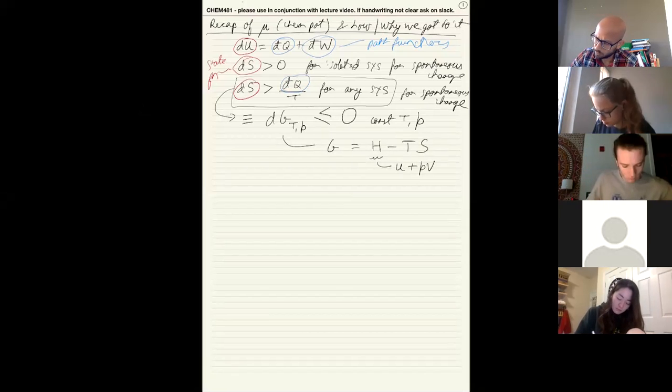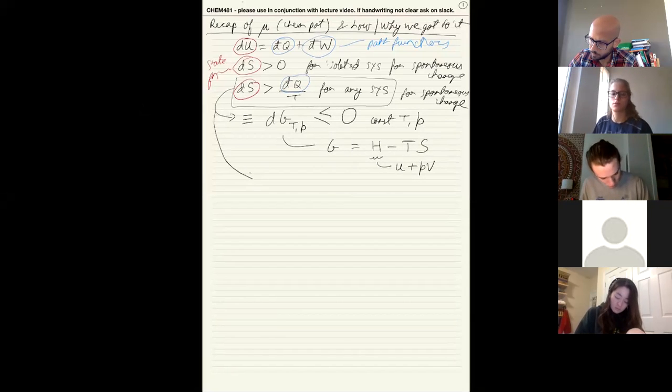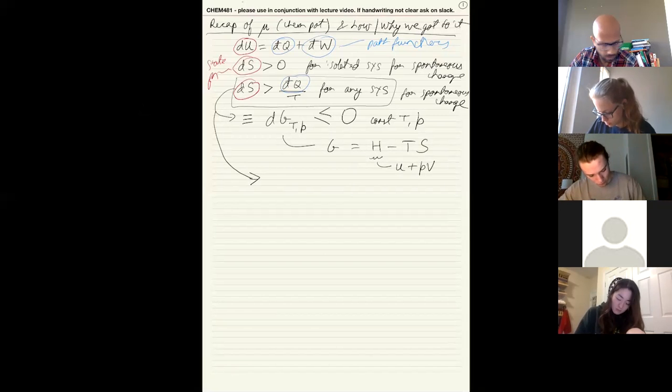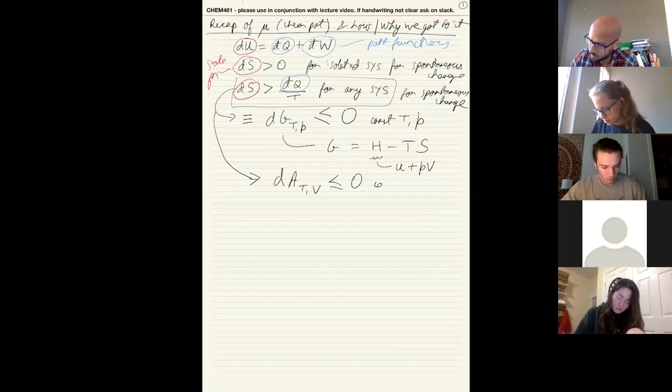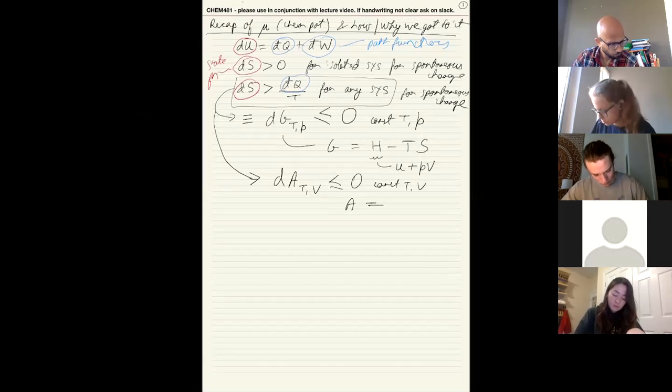So this Clausius inequality is equivalent to saying dG at constant temperature and pressure must be going down for a system, and at constant temperature and volume, it's dA which must be going down, where A is yet another state function defined as U minus TS.